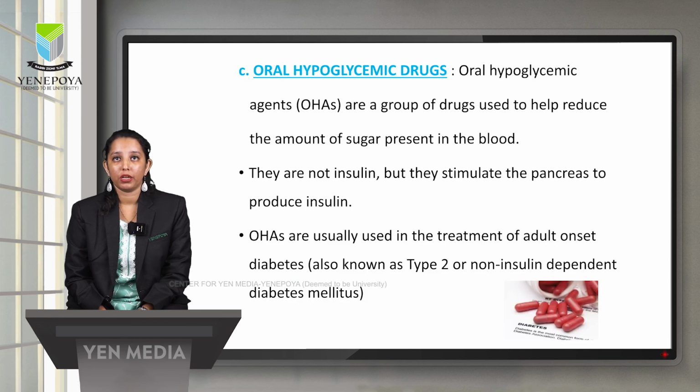Oral hypoglycemic drugs are a group of drugs which help reduce the amount of sugar in the blood, but these are not insulin. They can only stimulate the pancreas to produce insulin. Oral hypoglycemic drugs are the drugs of choice for type 2 diabetic people.